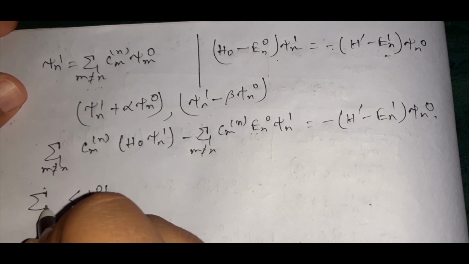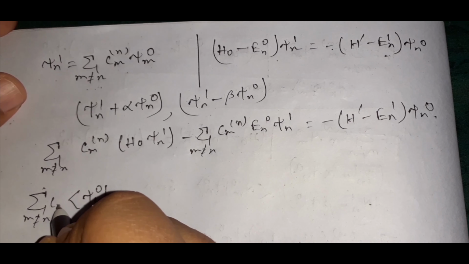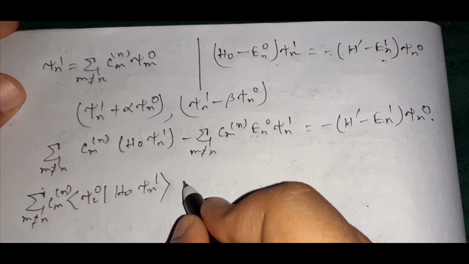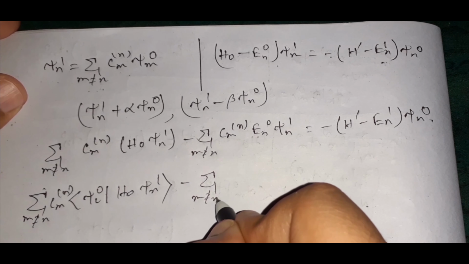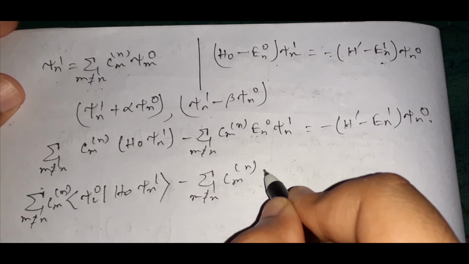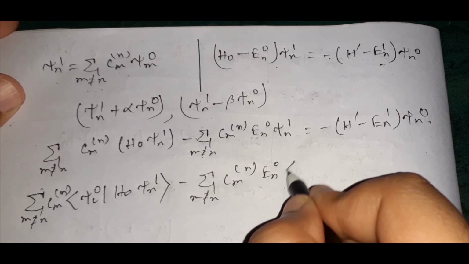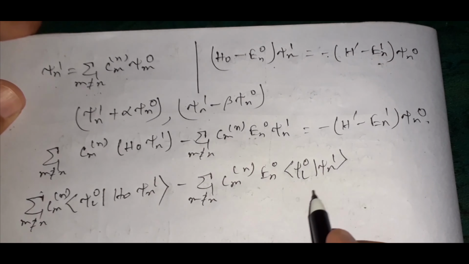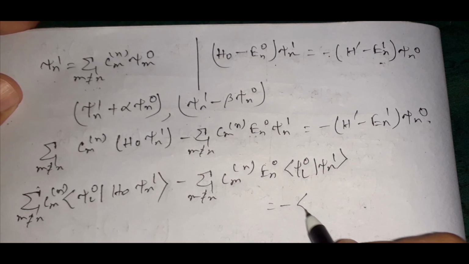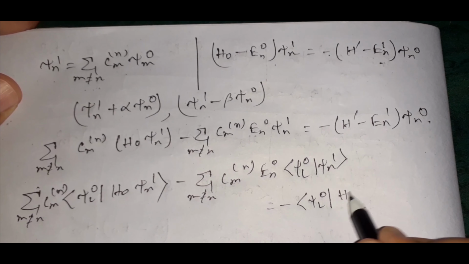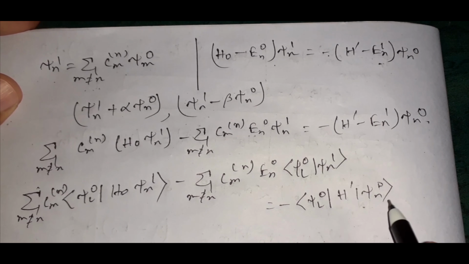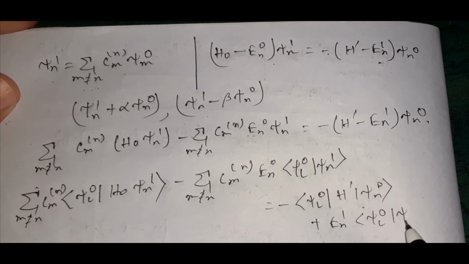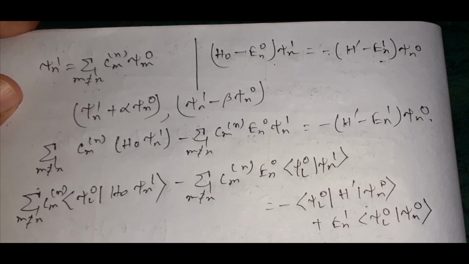So by doing this, I get the sum of Cmn ψL0 H0 ψm0, minus the sum of Cmn En0 ψL0 ψm0. The energy is a constant, so I can write it out like this, and minus ψL0 H prime ψn0 plus En1 ψL0 ψn0.